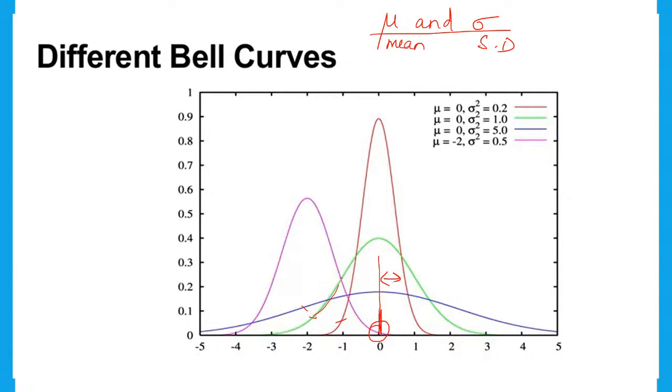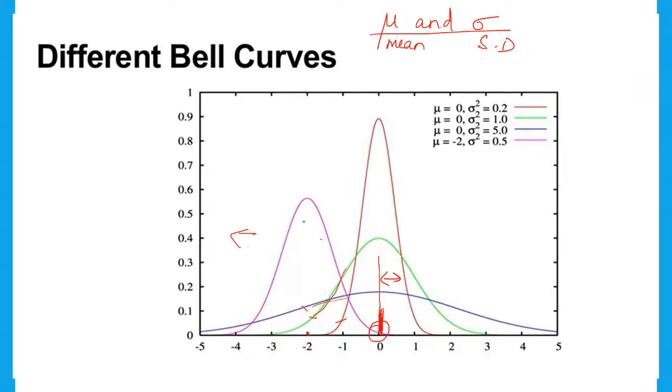This is the normal one. If the standard deviation increases, the curve will become flattened. Mu is 0 means the curve will be here, and if mu value is minus 2, then the entire curve will be moved to the left.